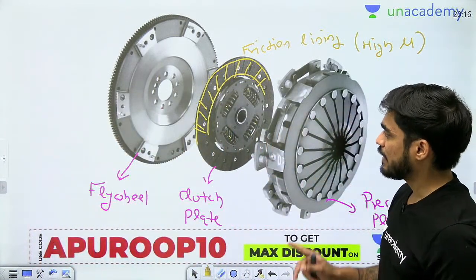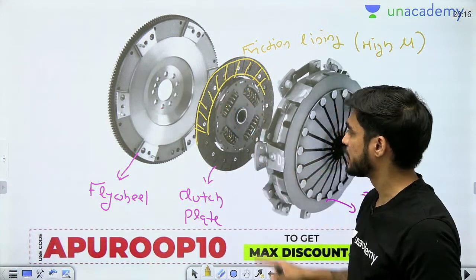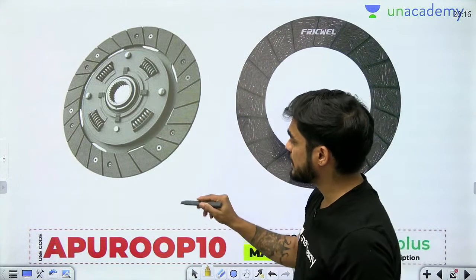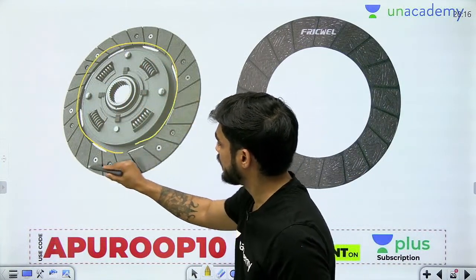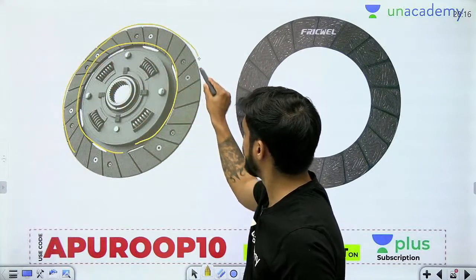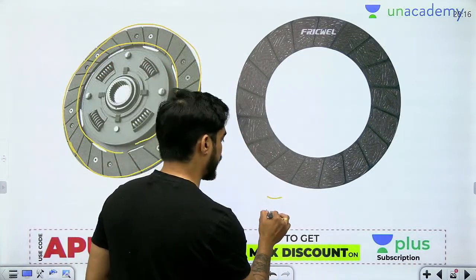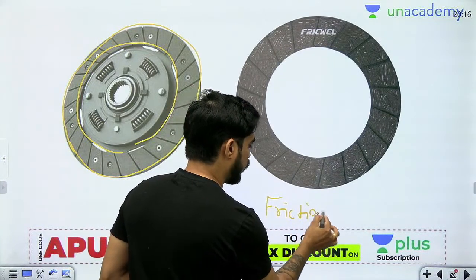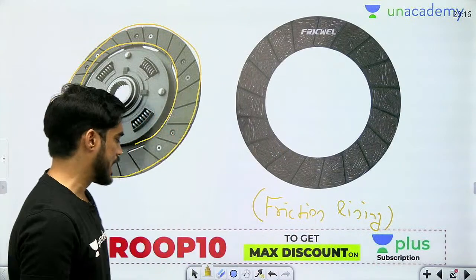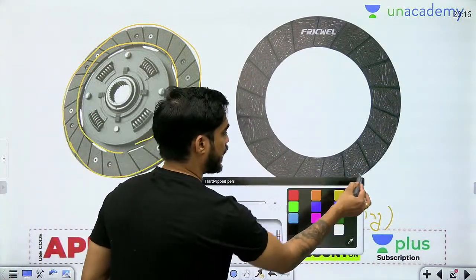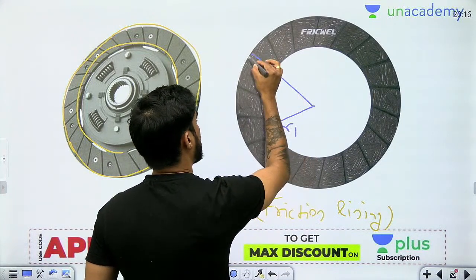Okay. Now we need to design this particular thing. What particular thing? We need to design this friction lining. I need to design only this part. And what do I mean by design of friction lining? I need to see how much torque will be transferred for a particular inner radius and outer radius.